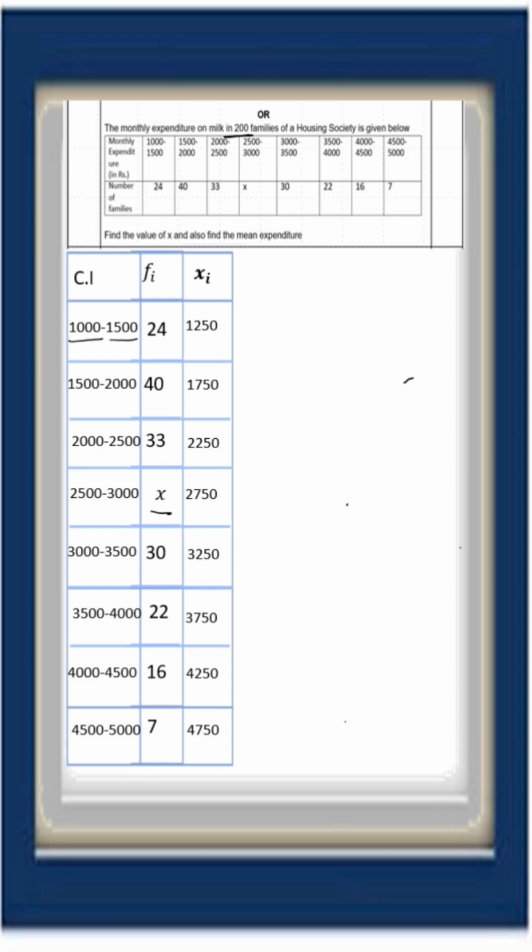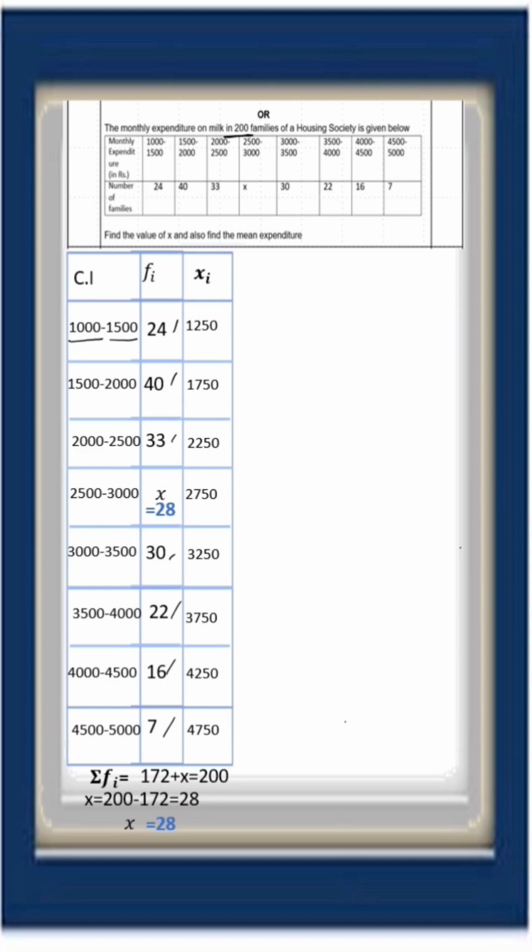So summation of f is 200. But we don't know x here. So add the other frequencies, this plus this plus this, and go on adding. You'll get 172 plus x, that is equal to 200. It is given. So x is equal to 200 minus 172, that is 28. So x is equal to 28.